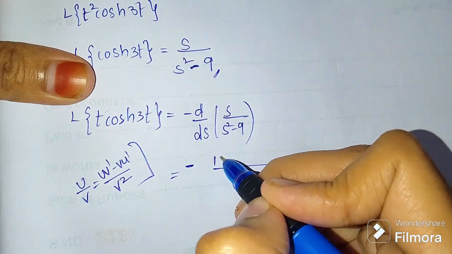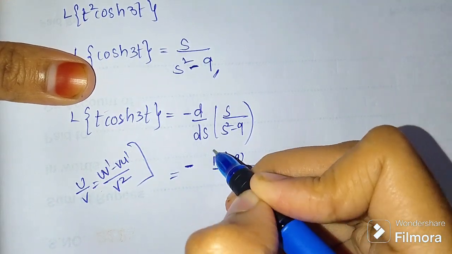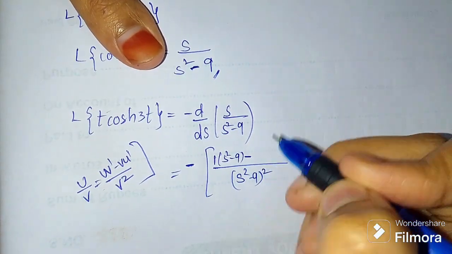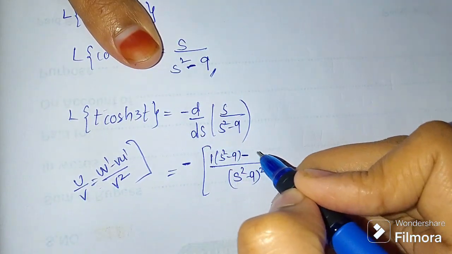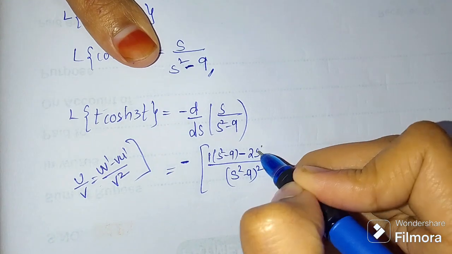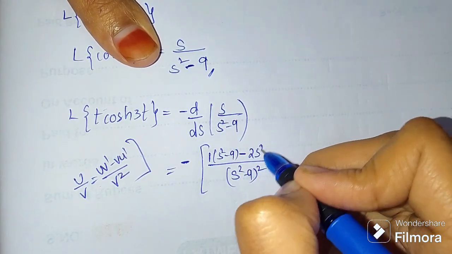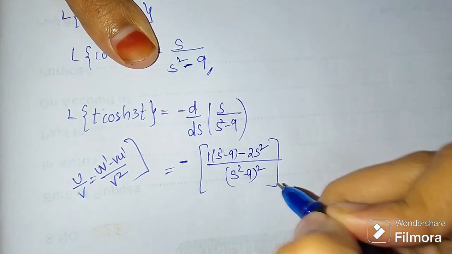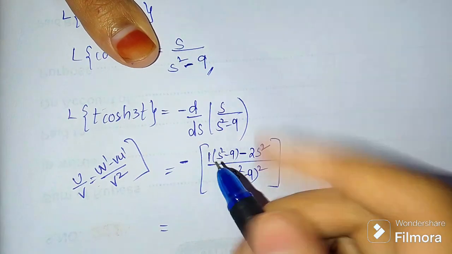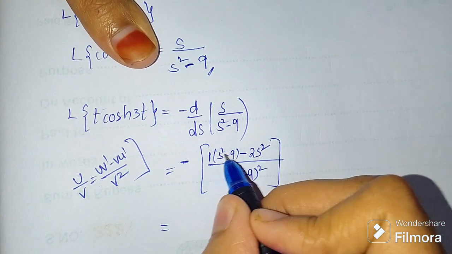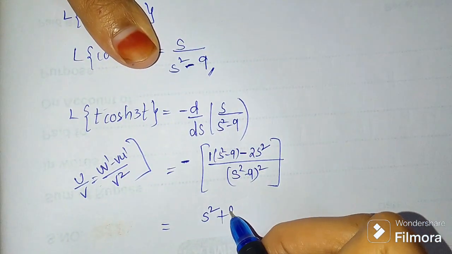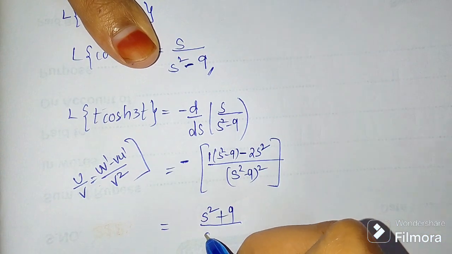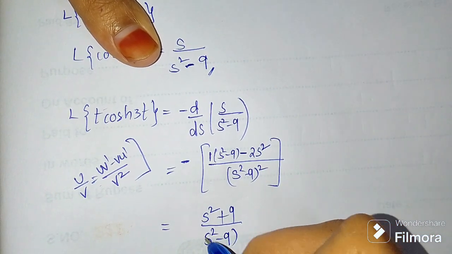For s it is 1, so 1 into s square minus 9, minus, for the denominator derivative, s square derivative is 2s, into s, the numerator. So now we are getting minus 2s square plus s square minus s square. Here you already have minus, so s square, and minus minus is plus. s square minus 9 whole square.